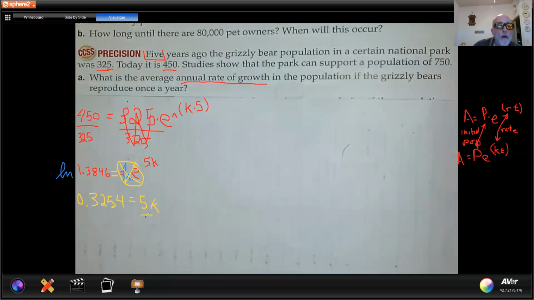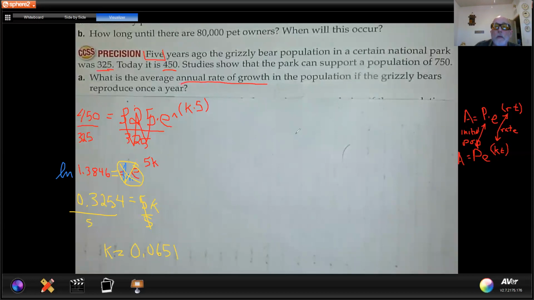Now, if I divide by 5, then k equals whatever number that comes out to be, divided by 5. Here we go, k equals 0.0651.